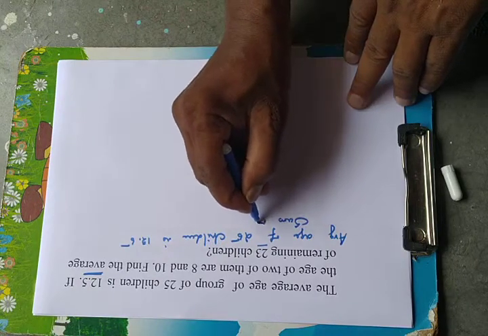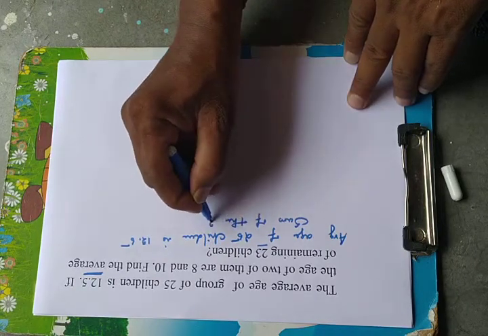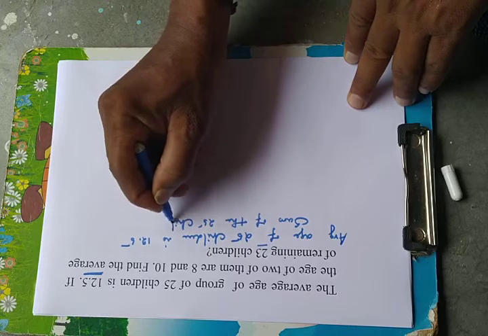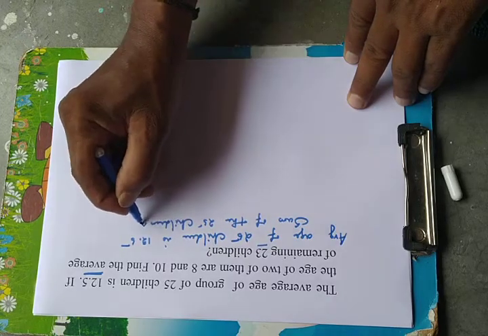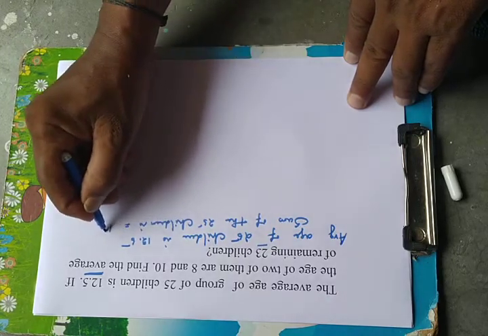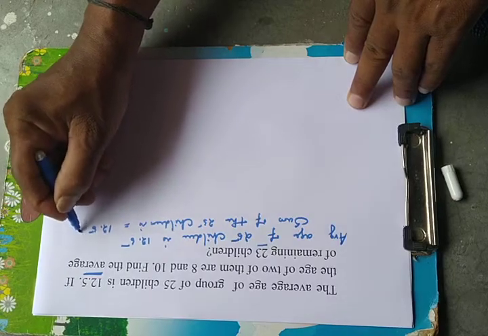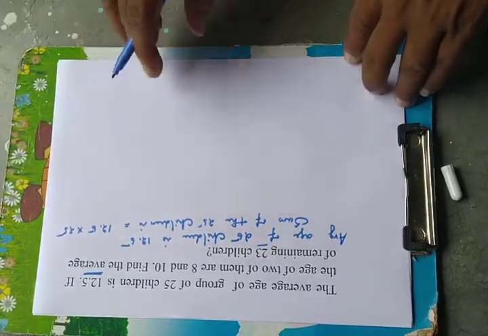That indicates the sum of the 25 children's ages will come to 12.5 into 25. That gives the sum of the 25 children's ages.